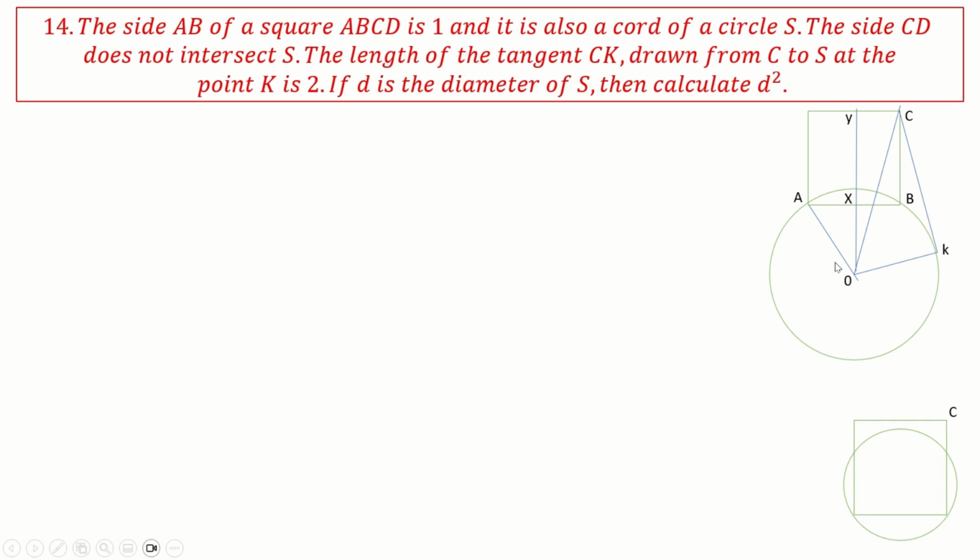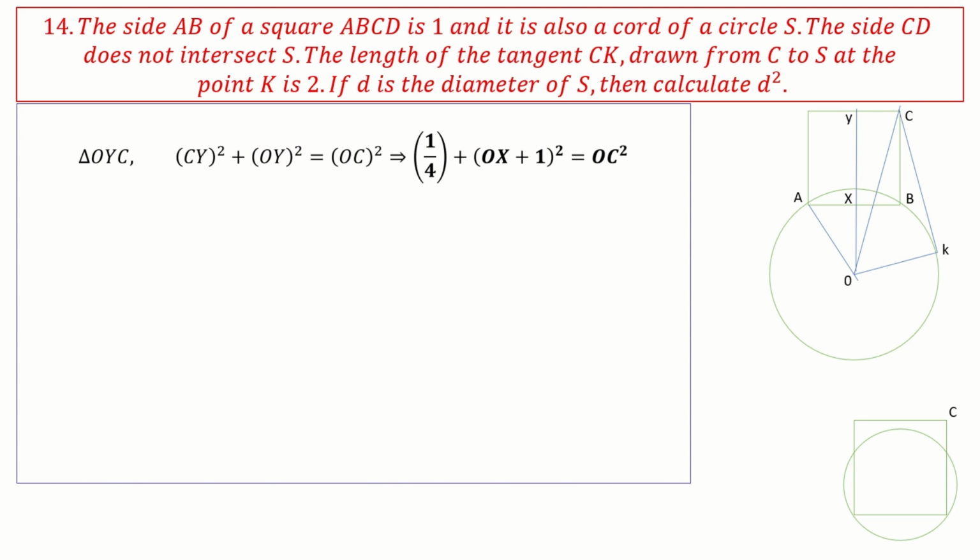AB is a chord of this circle, and OY extended will become a diameter, so it is the perpendicular bisector of AB. DC is also parallel to AB, so this is also a midpoint. Now we have triangles, so we have to apply triangle rules. So in triangle OYC, which is OYC?